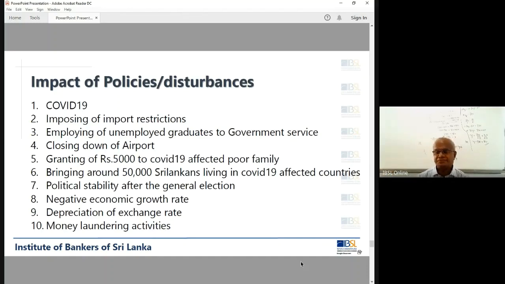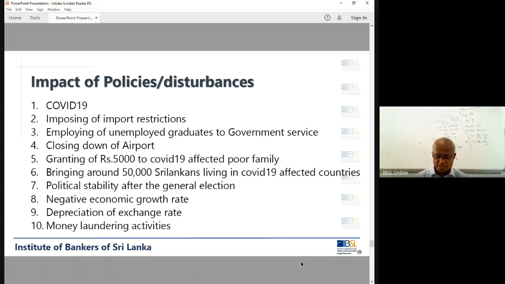Please read that. Imposing import restrictions is also an outcome of COVID. The government imposed restrictions on importation of non-essential imports, because essential imports are needed. Food items we import: dal, maybe sugar, sometimes rice also.